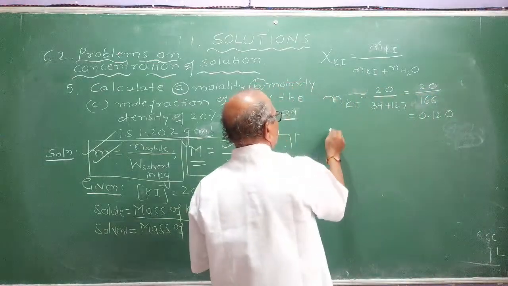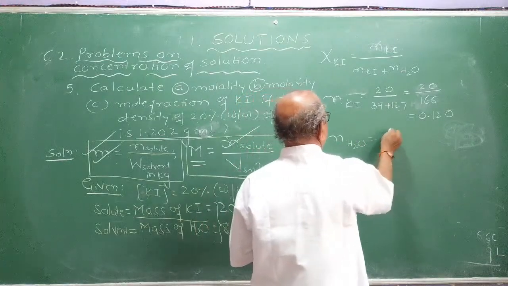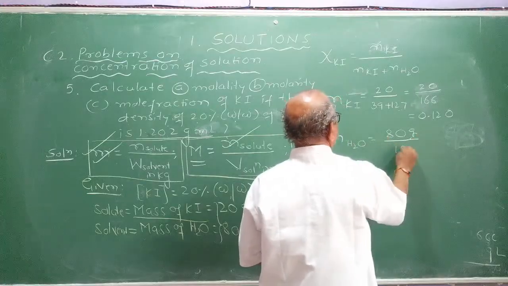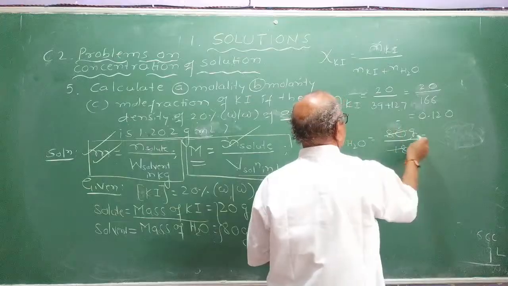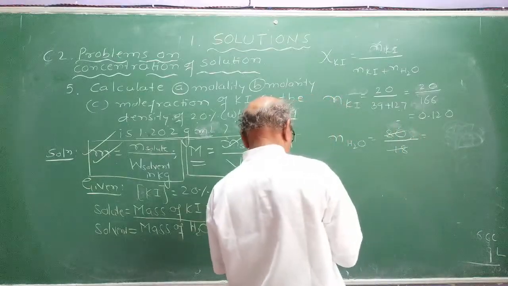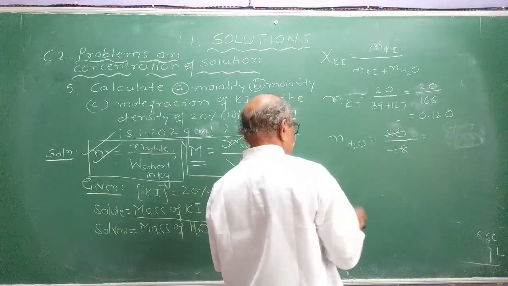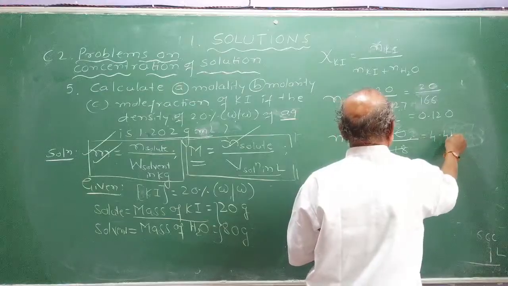Now to get the number of moles of water, what is the mass of water taken here? 80 grams, divided by the molecular weight of water, 18. 80 divided by 18 gives you 4.444.